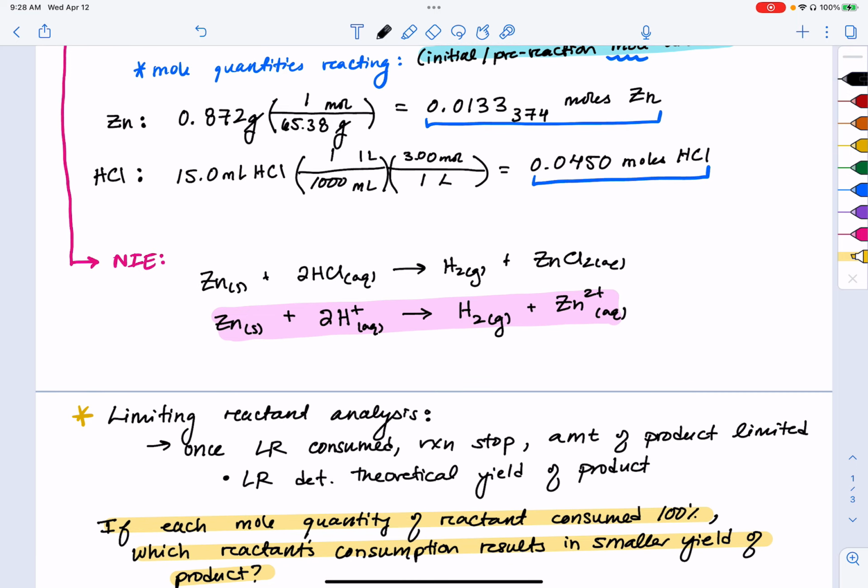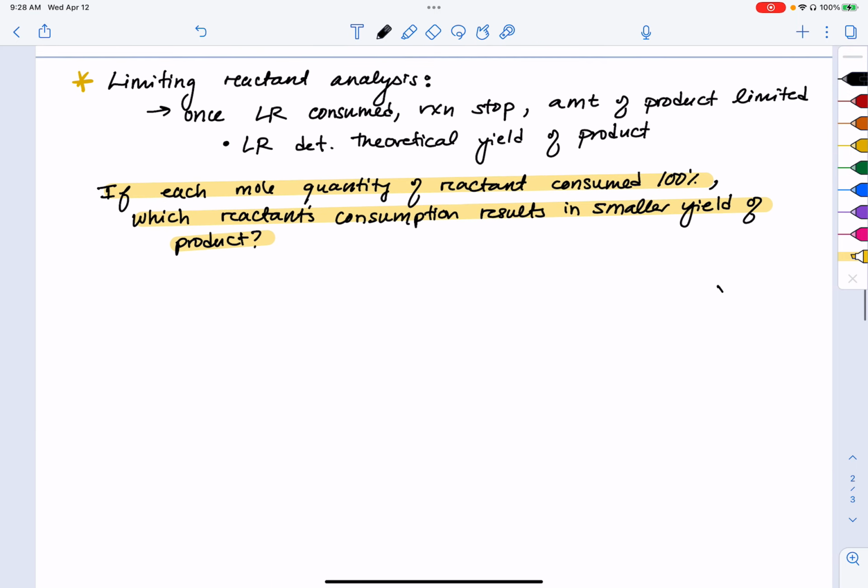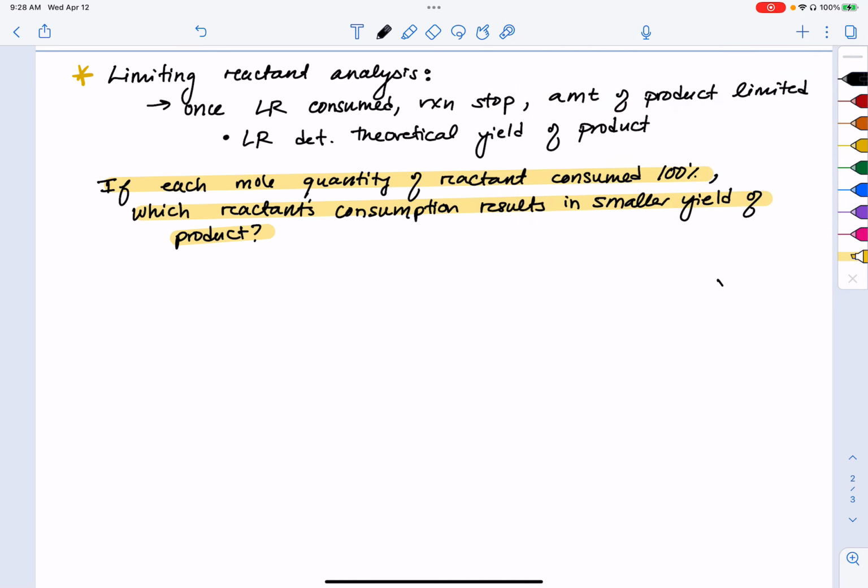So I've got 0.0133, carrying my 374, moles of zinc available to react. And then I had 0.0450 moles of HCl to react.